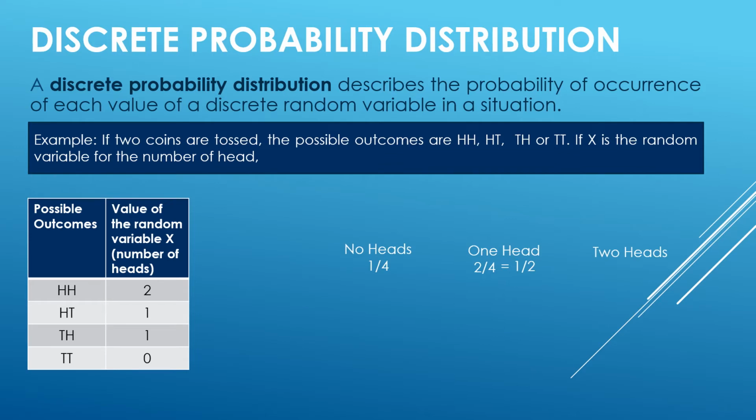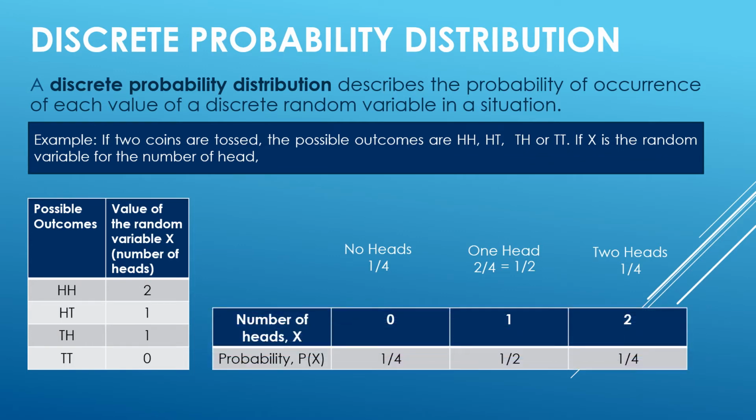Next, we will get the probability of getting 2 heads. So in our table, we can see the outcome that has 2 heads. So we have only 1. So we write that as 1 over 4. Then we will make a table of the probability distribution. So the first column, we have number of heads, which is x.